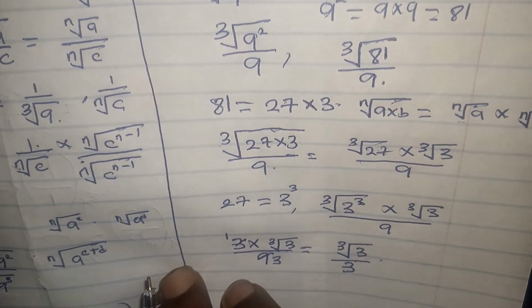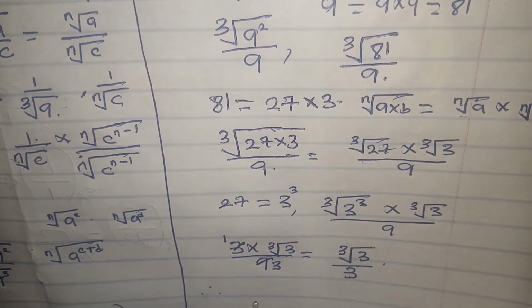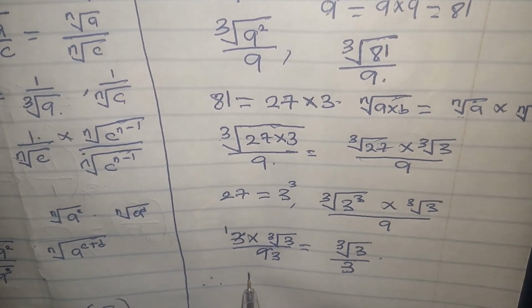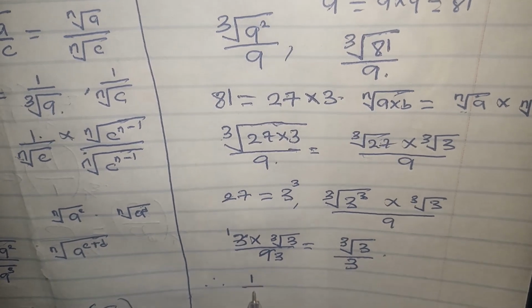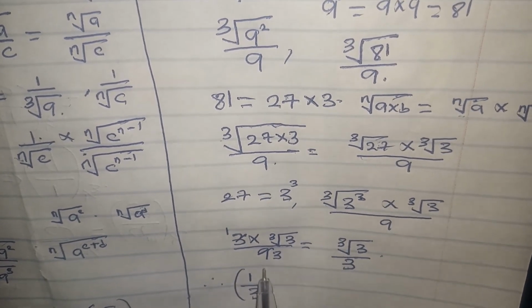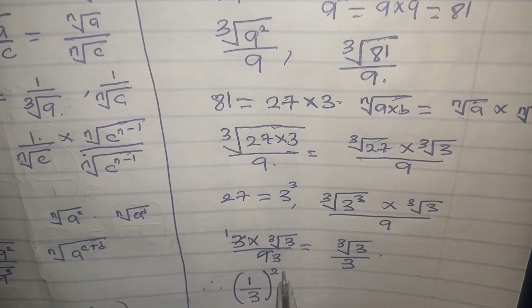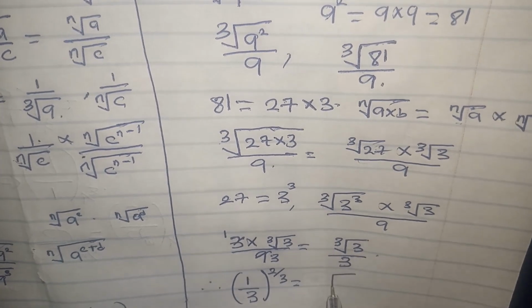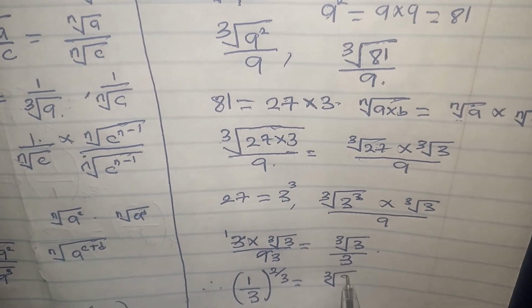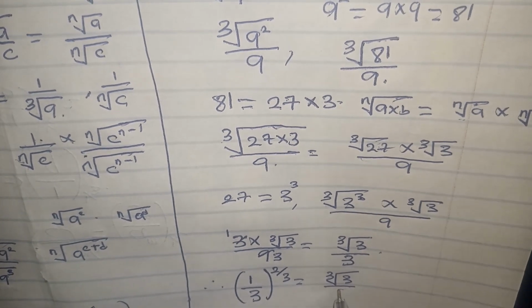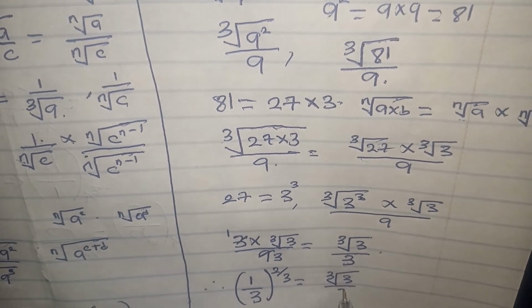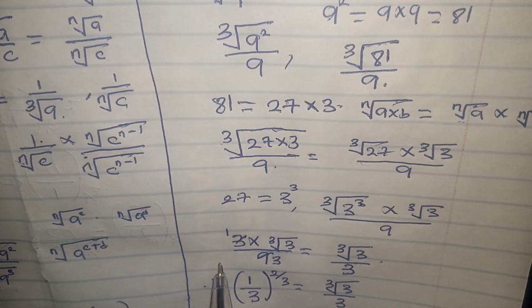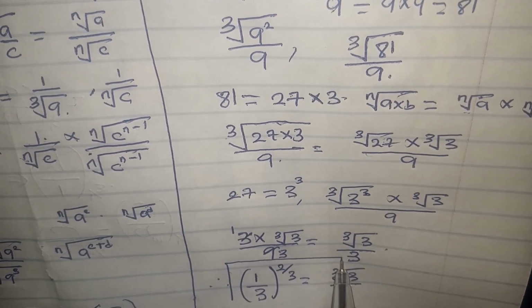So therefore 1 over 3, or to the power of 2 over 3, is equals to the cube root of 3 over 3. So this is the lowest simplification.